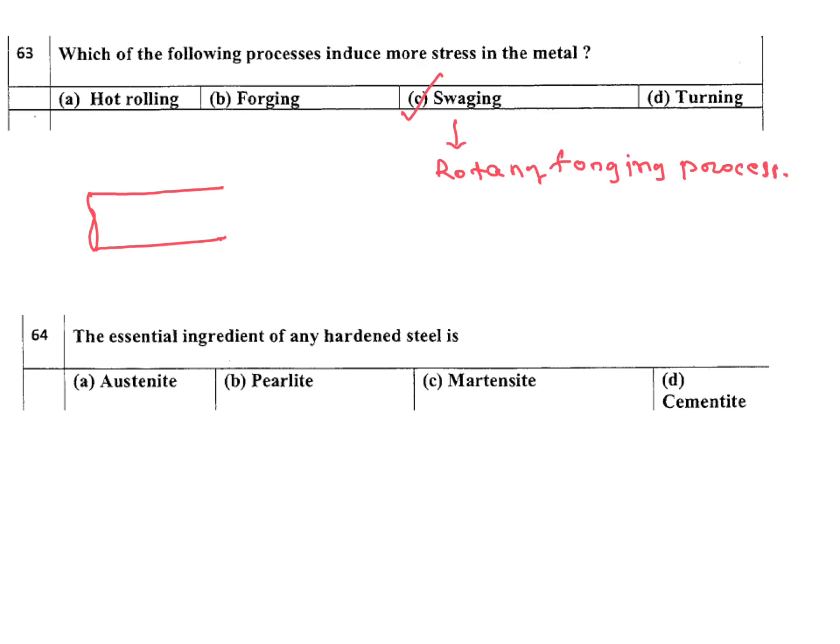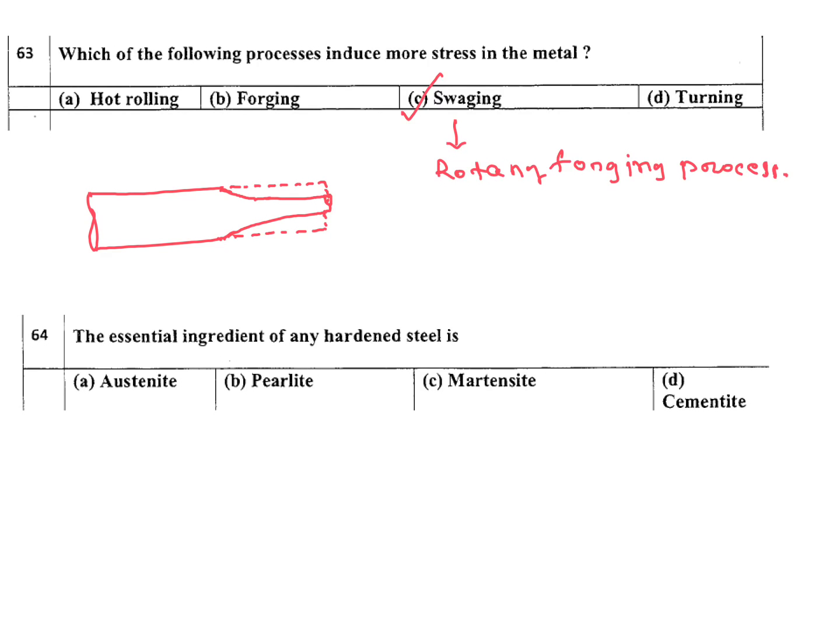Earlier the tube was like this. After rotary forging we will get one taper like this. This is also called swaging.